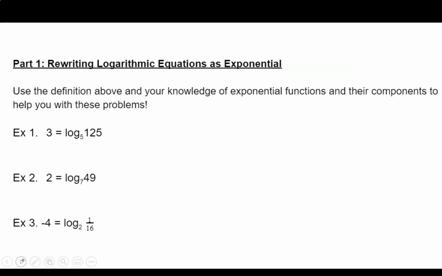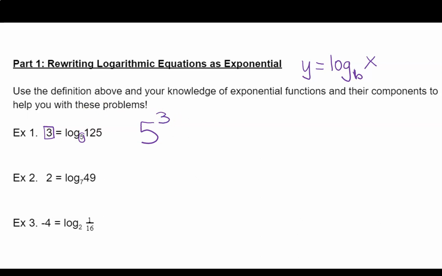So let's practice writing exponentials from these. Remember y equals log base b of some argument. In this case, I look at my subscript on the log, and that tells me the base of my exponential. Because we know that the log is equal to 3, that becomes the exponent.